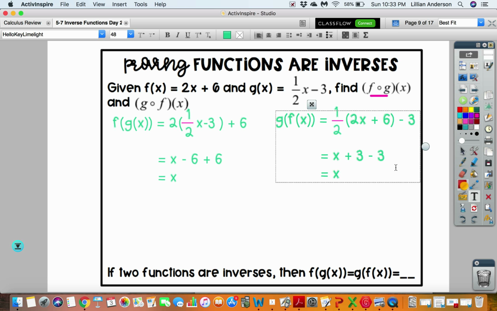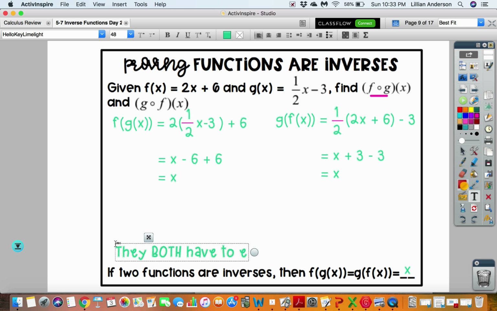If the two functions are inverses, then f of g of x and g of f of x will equal x. Please make sure you put down that it equals x, not that it equals the same thing. Those are two different things. They both have to equal just regular old x.